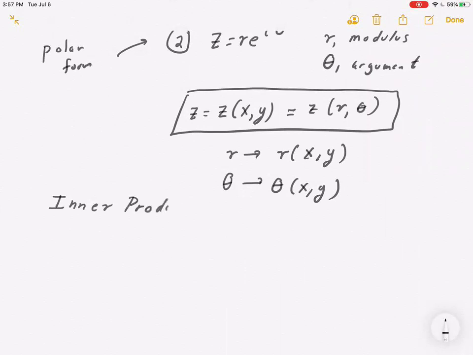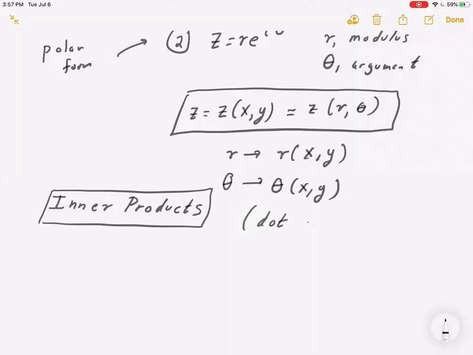Okay, so the last topic we're going to talk about this afternoon is the problem of inner products. At some level, the inner product is the same thing as the dot product. Why we take the time to give it this name, inner product, really goes beyond the scope of the course.